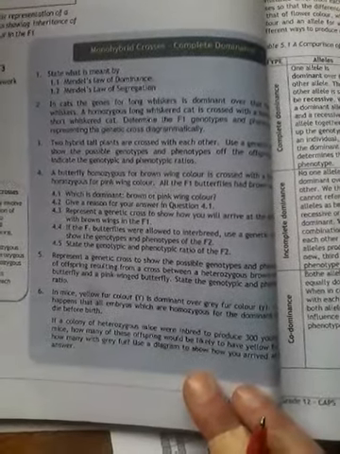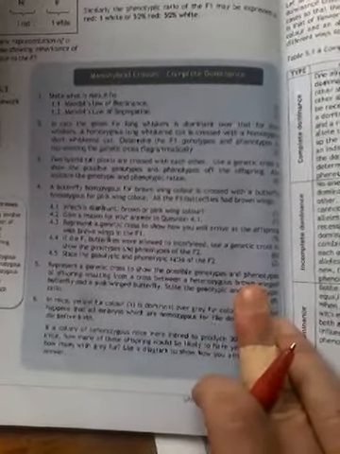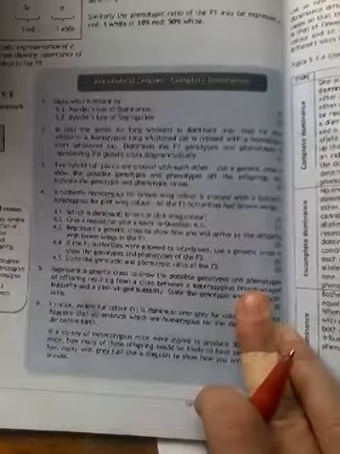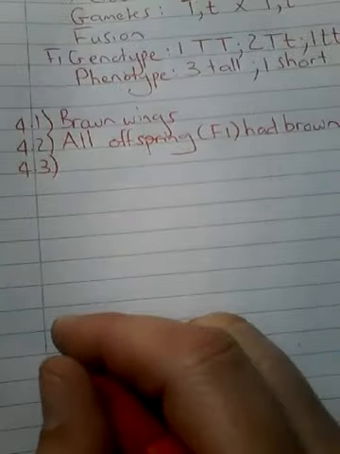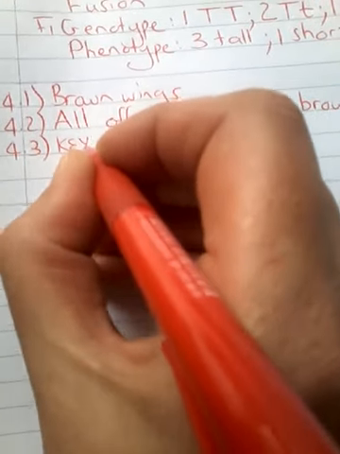Okay, 4.3, we now have to represent a genetic cross to show how you will arrive at the offspring with brown wings in the first filial generation. First things first, we have to have a key.